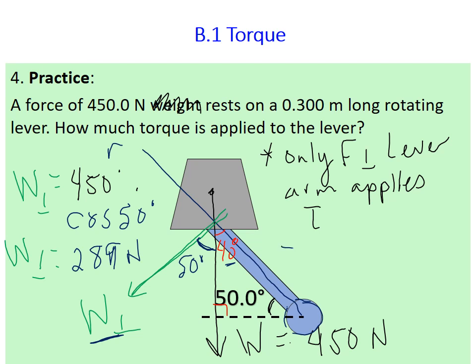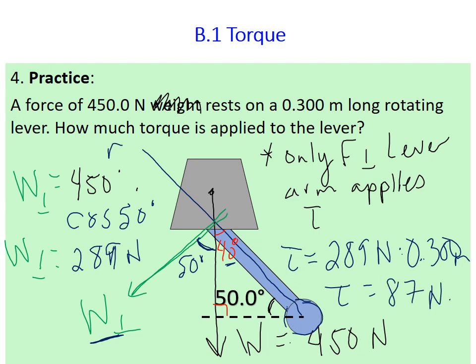So we can now calculate torque is equal to this 289 newtons times the distance to the pivot point, the lever arm length. And so torque is equal to 289 times 0.3, which is 86.776. I'll just round up to 87 newtons times meter.